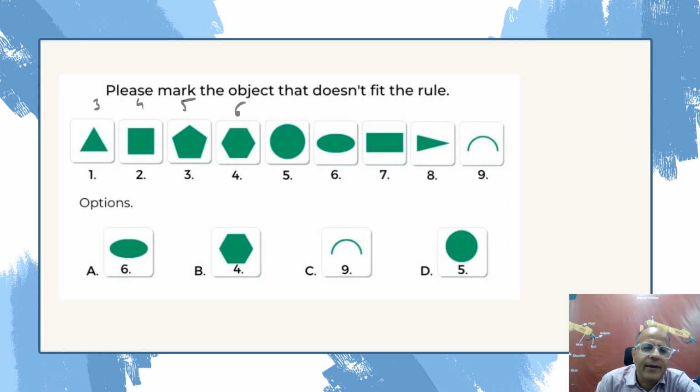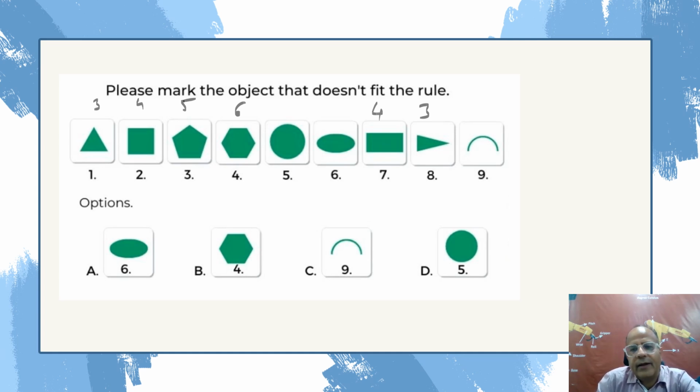And then there is an ellipse, so again, no sides. Again there is a four-sided figure, and then again a three-sided figure. Later on, this one, I don't know what it is. It's a part, you can say, of some closed figure. So students then generally pick a wrong answer for this question.